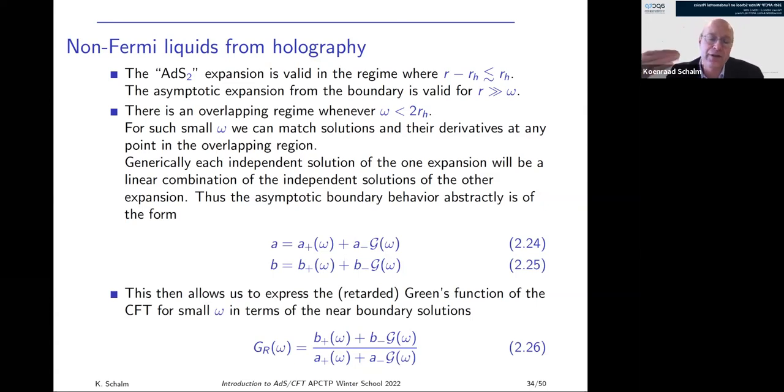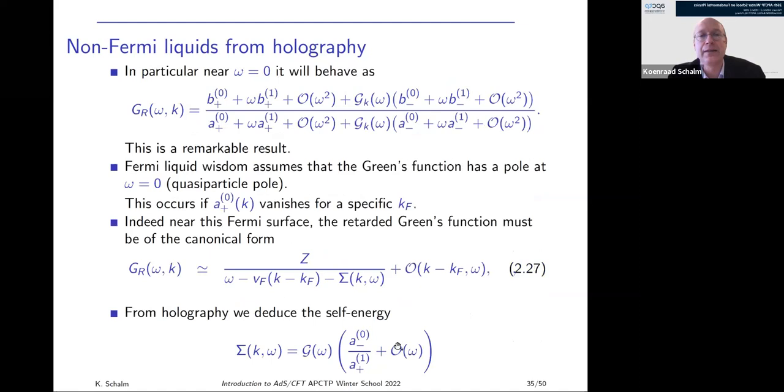So the mathematical characteristics that I'm now going to derive specifically for fermions, mathematically, they also transport to bosons or any other response functions. The key part is that in this Green's function, the full AdS4 Green's function for low frequencies, you see this AdS2 Green's function pop up, right?